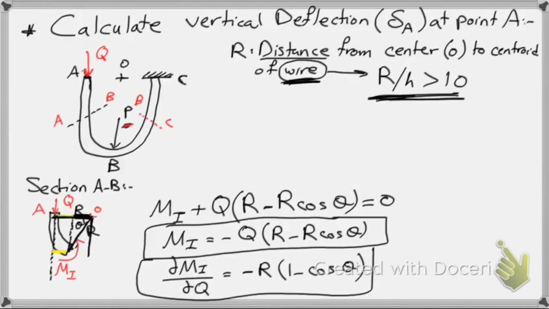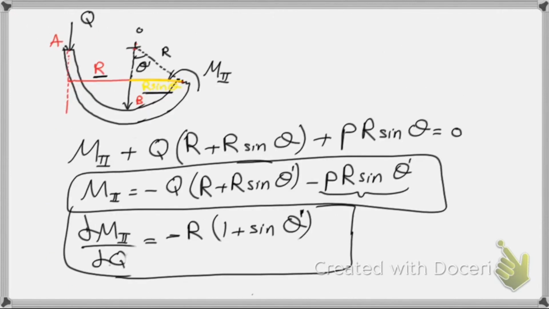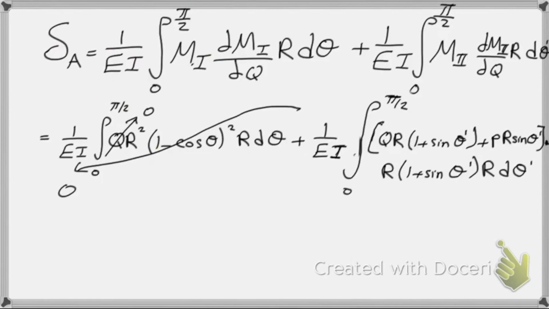If you go back to the problem, section AB without the dummy load is a free end. That's why it's 0 according to Castigliano's theorem. The deflection there is 0 in section AB because it's a free end. The deflection is coming from load P, so section BC. Also here, whenever you see Q, you just plug in 0 for Q because it's a dummy load. There is no value for Q.